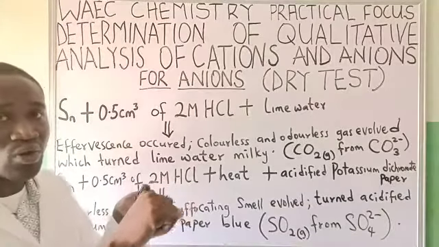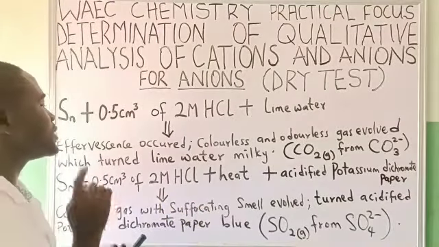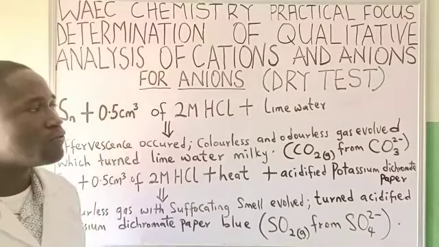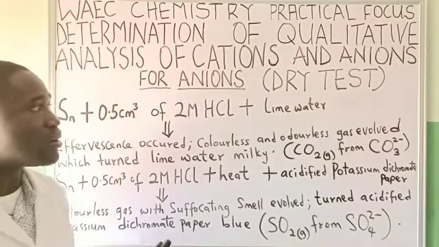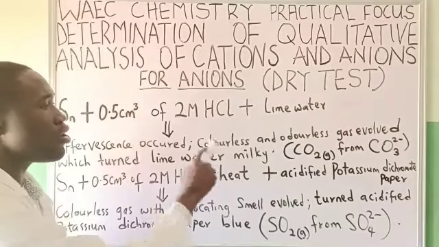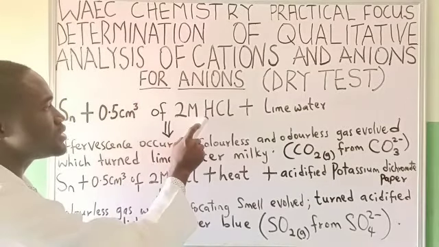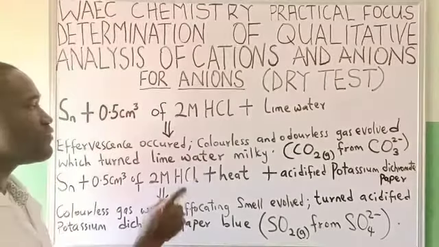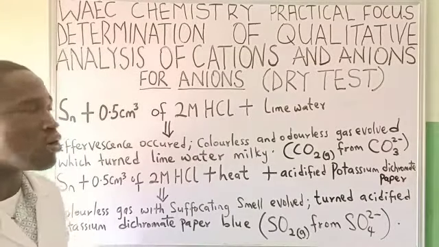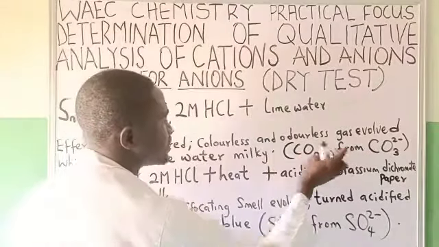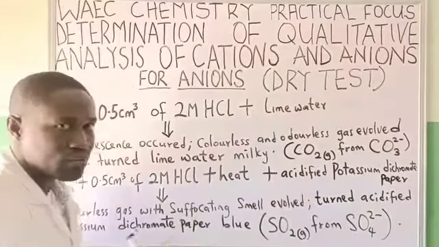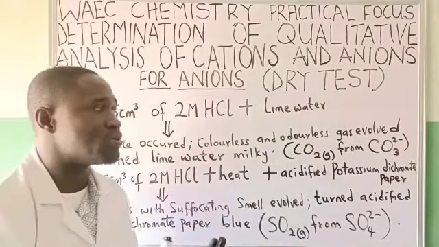Once it turns it milky, the implication is that CO2 from CO3 2 minus is present. Sometimes, once effervescence occurs on addition of drops of HCl, have it in your mind that there is possibility that this gas is there, because some persons can be too slow.